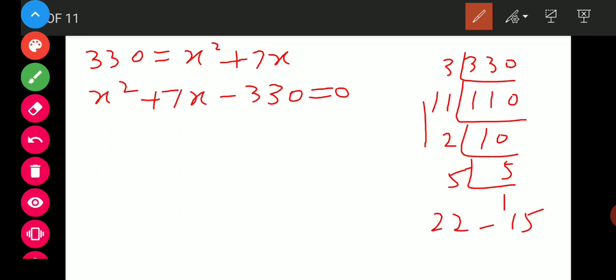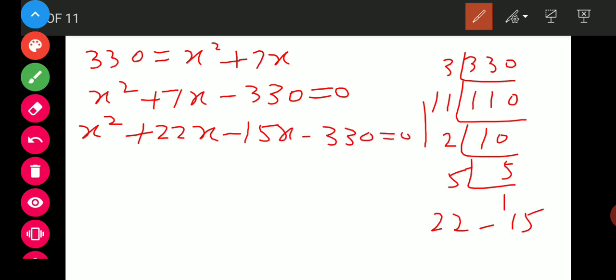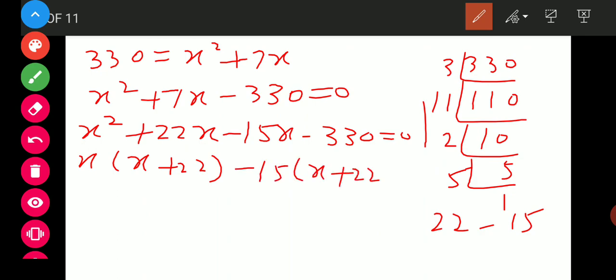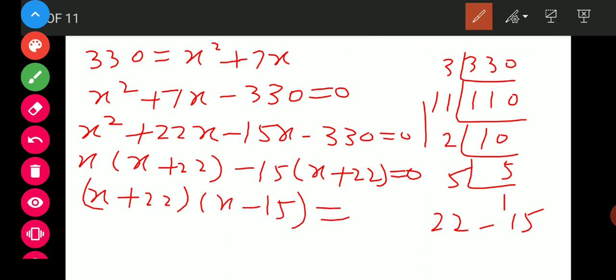Now come to x square plus 22x minus 15x minus 330 equal to 0. Now taking x as a common, so x plus 22. Now minus 15 as a common, so we get x plus 22 equal to 0. Now first x plus 22, and here is x minus 15 equal to 0.